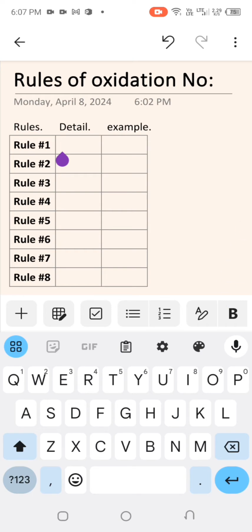So if we go with the first rule, the first rule is: the oxidation number of all elements in the free state is 0. Whatever oxidation numbers are in the free state, those oxidation numbers are 0.